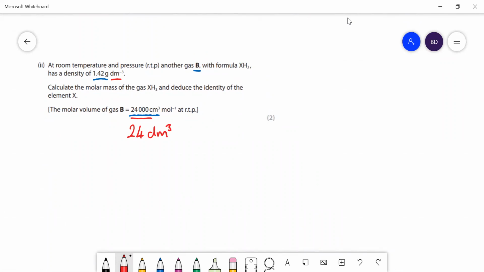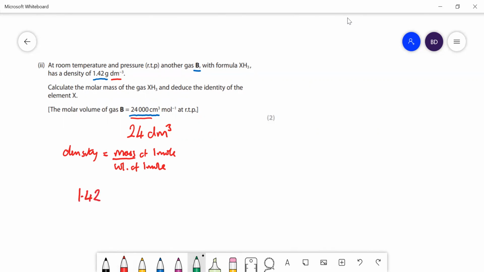So what we're going to say is density is equal to the mass over volume. We want to find out the mass of 1 mole. So the density is equal to the mass of 1 mole divided by the volume of 1 mole. Let's put the numbers in. The density they tell us is 1.42.